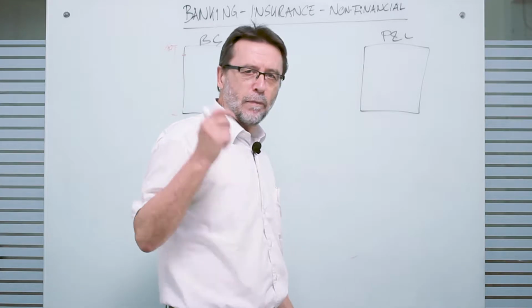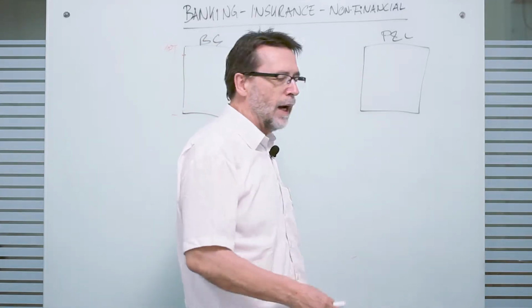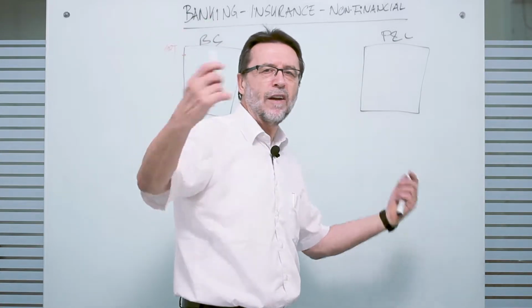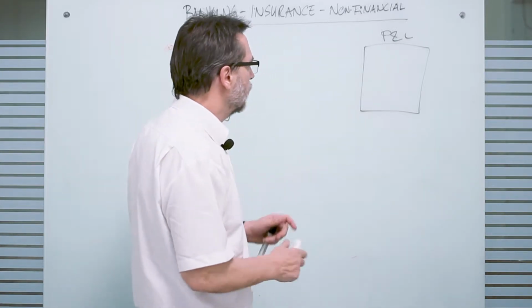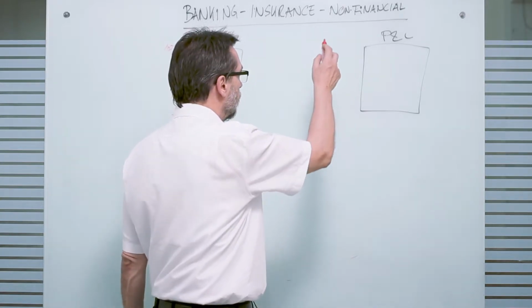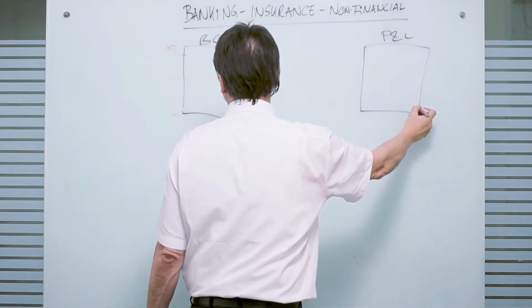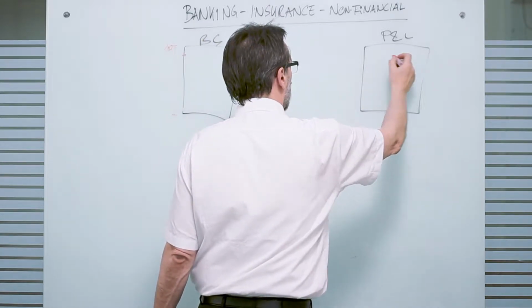For example, I pay a salary. That's recorded straight in the P&L. I buy salt, or I buy iron, and so on. That often is directly reflected in P&L. So for non-financial, the main focus is on the P&L.